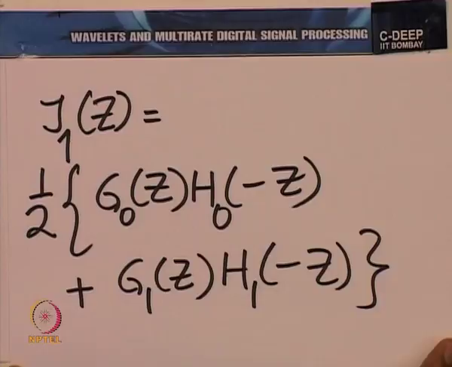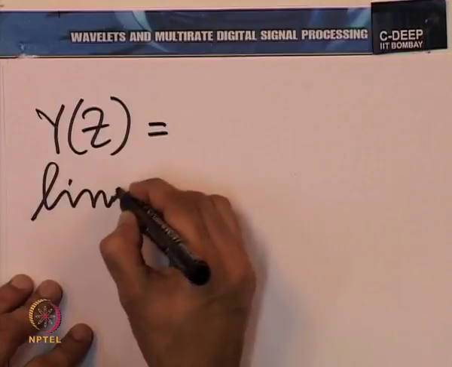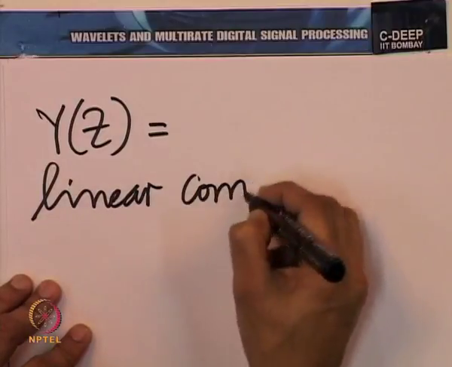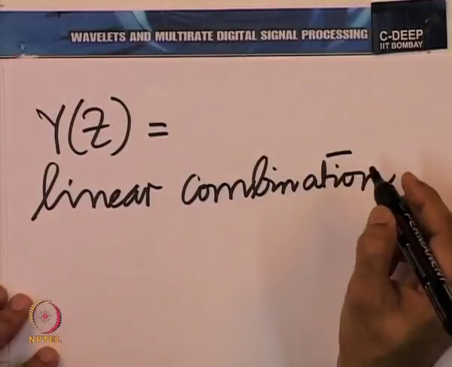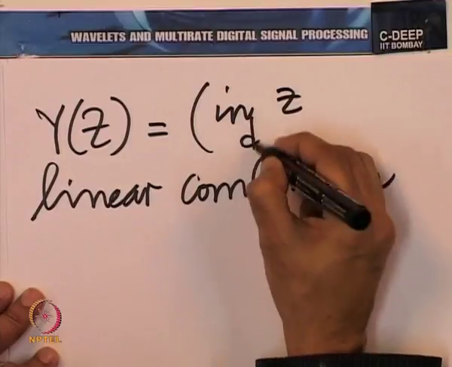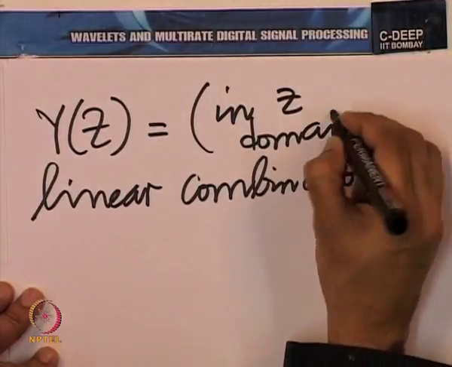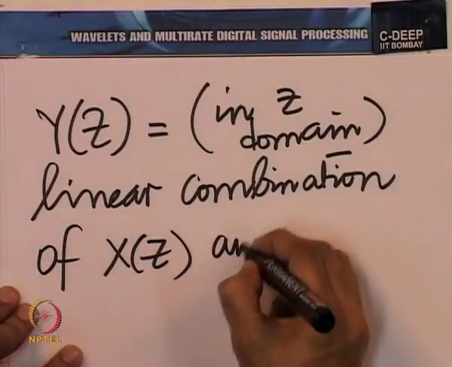Anyway, with this little observation, we now write down Y(z) once again for clarity. So, Y(z) is a linear combination in the z domain of X(z) and X(-z).